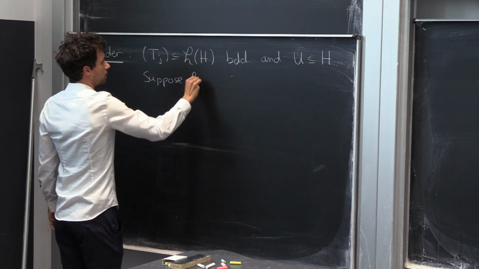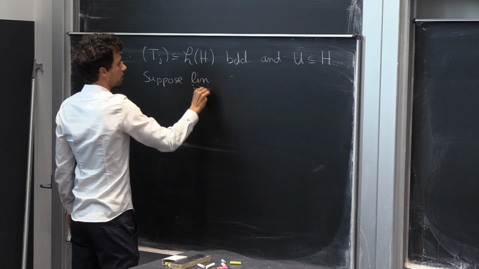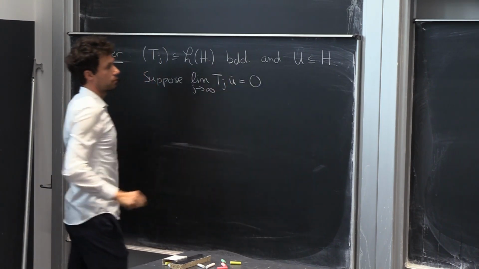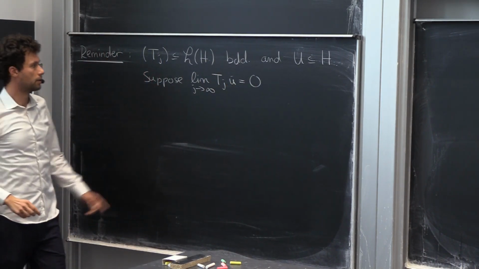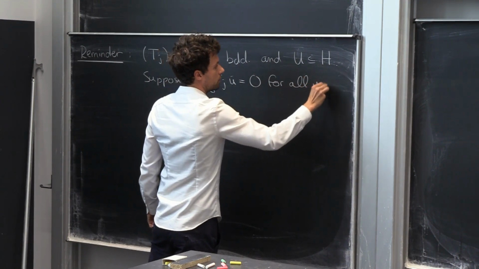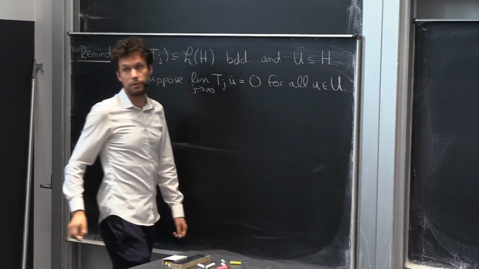Suppose Tj of u goes strongly to 0 for all u in U.